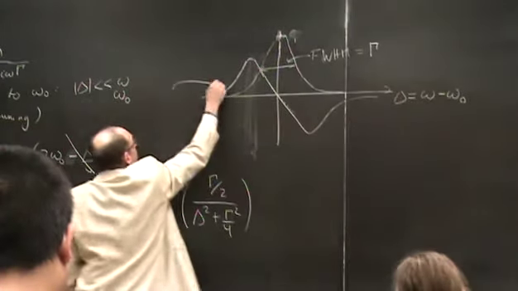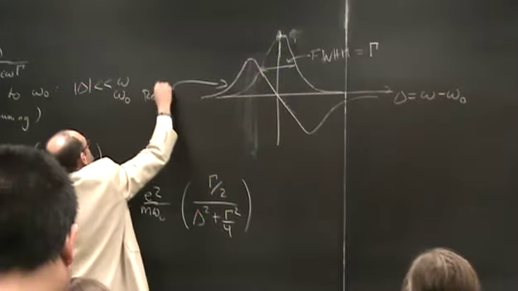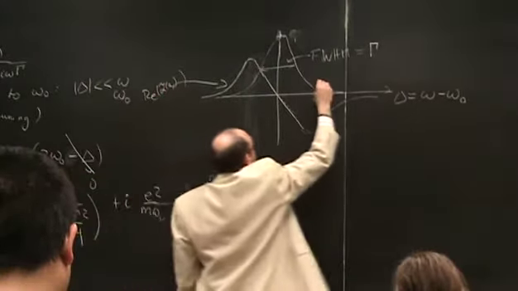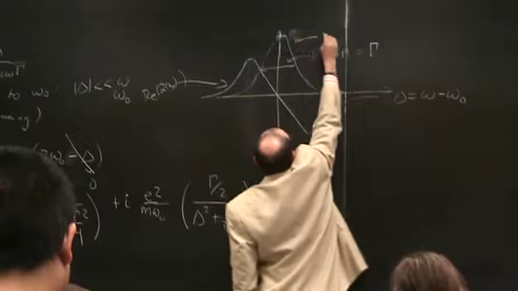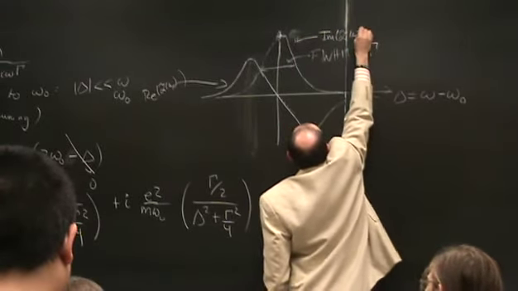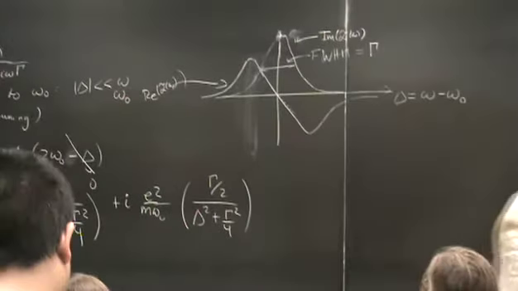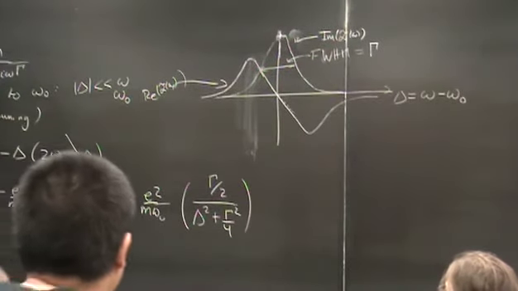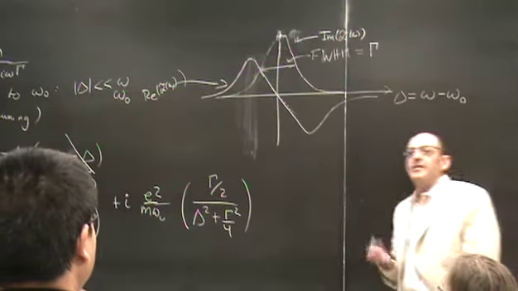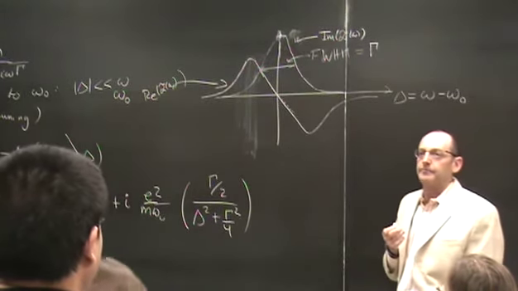So what I plotted here is the real part of the polarizability and the imaginary part of the polarizability. And this is the famous response function of a damped simple harmonic oscillator.